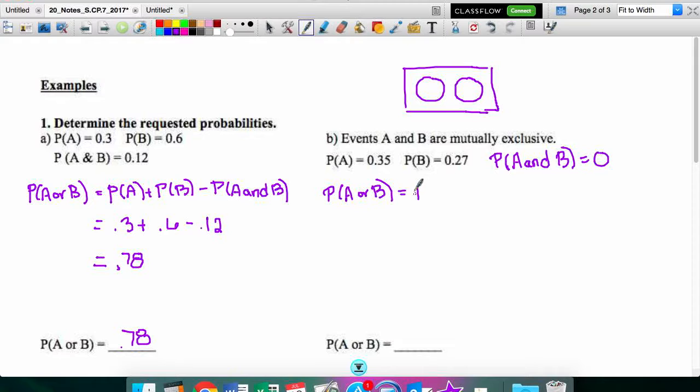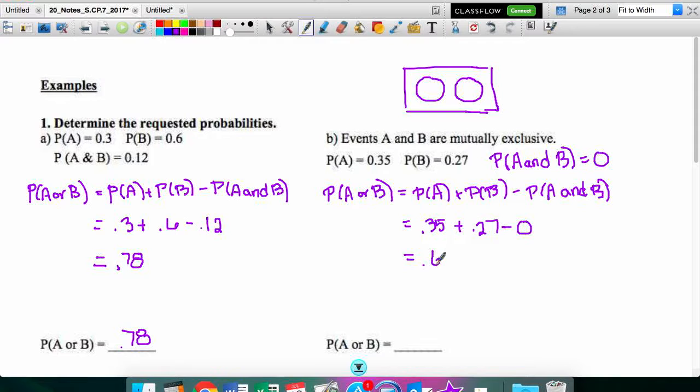We start off with the probability of A plus the probability of B minus the probability of A and B. Plug in each of these values that we now know. Probability of A is 0.35 plus the probability of B, 0.27 minus 0.